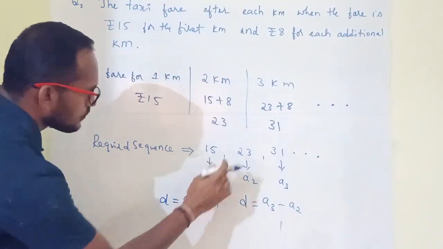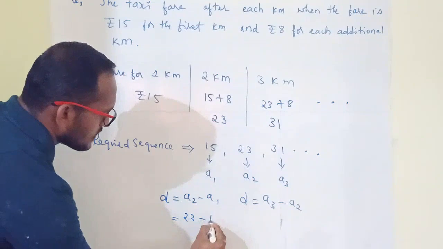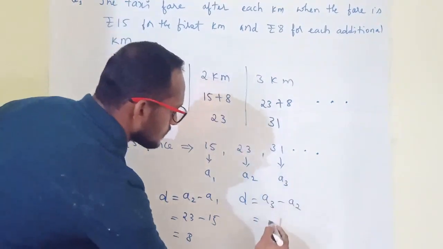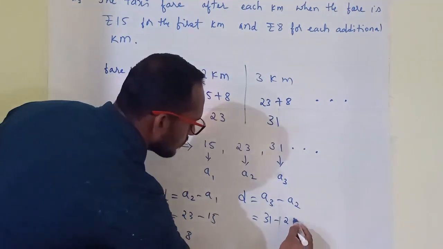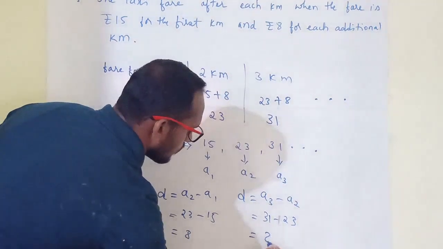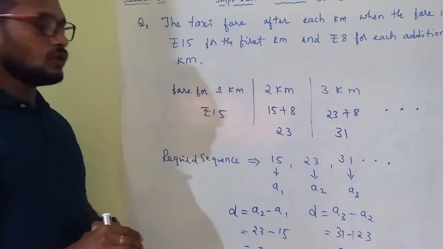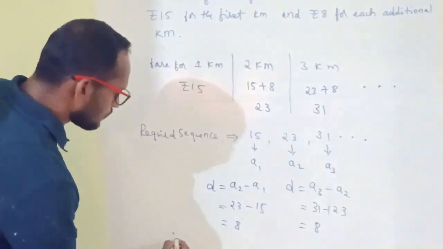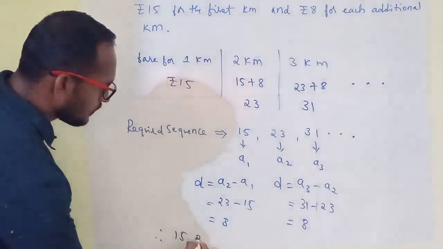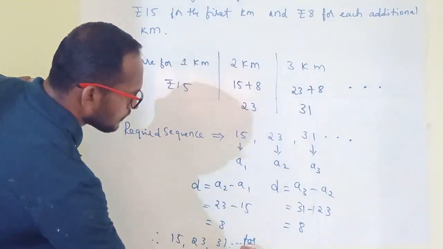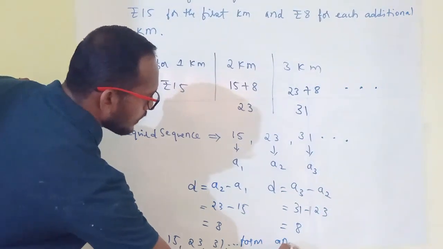Here A2 minus A1 is 23 minus 15, which is 8. Similarly A3 minus A2 is 31 minus 23, which is 8. Since the common difference is the same, we can conclude that 15, 23, 31 form an AP.